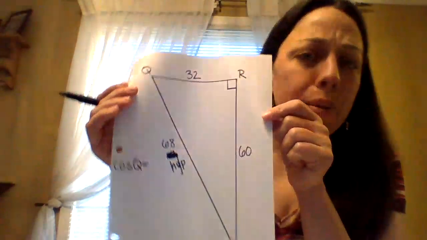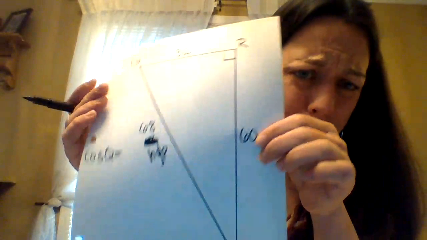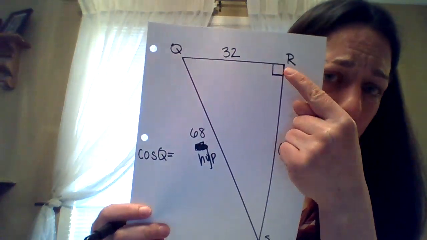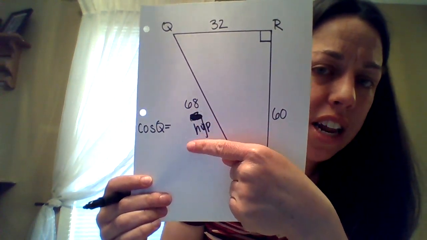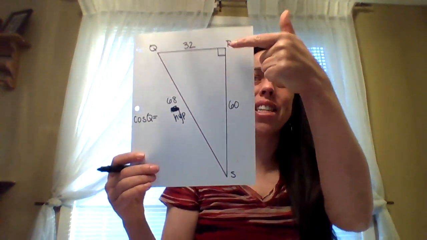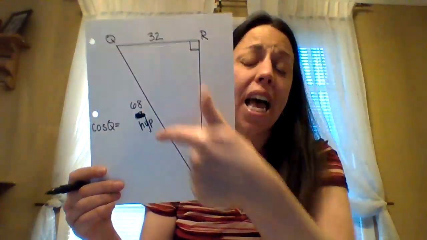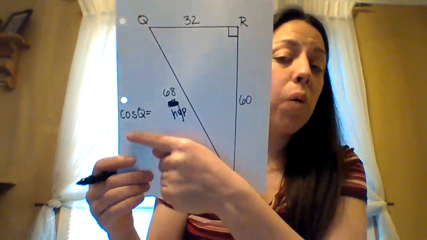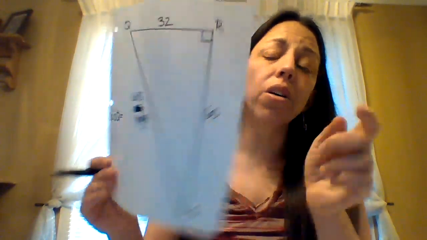So I'm going to write HYP. Sorry, I was looking at cosine and already thinking in my head what words. So go to your right angle, go opposite of it. That is the hypotenuse. I know that gets confusing because I say go opposite of it, but remember, since it's the right angle, opposite is hypotenuse. Now, what angle are we looking at? Angle Q, thank you. So circle angle Q.